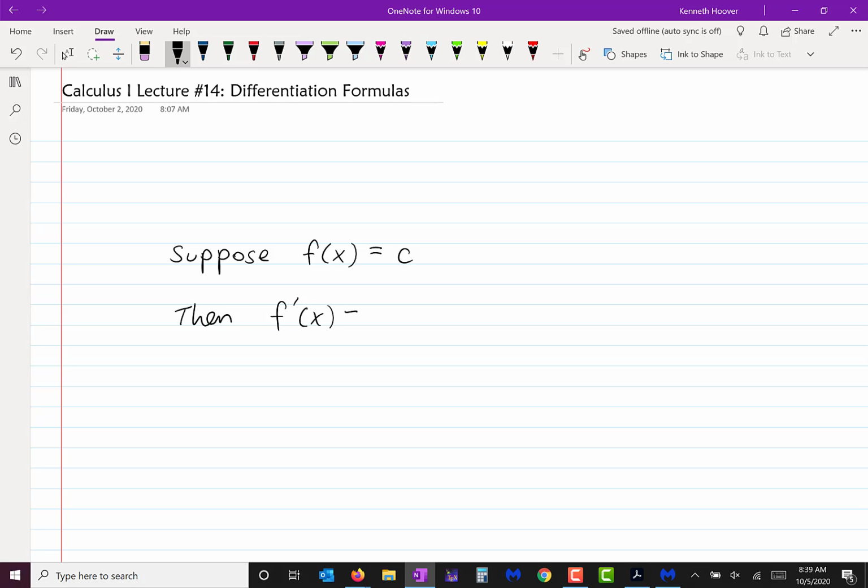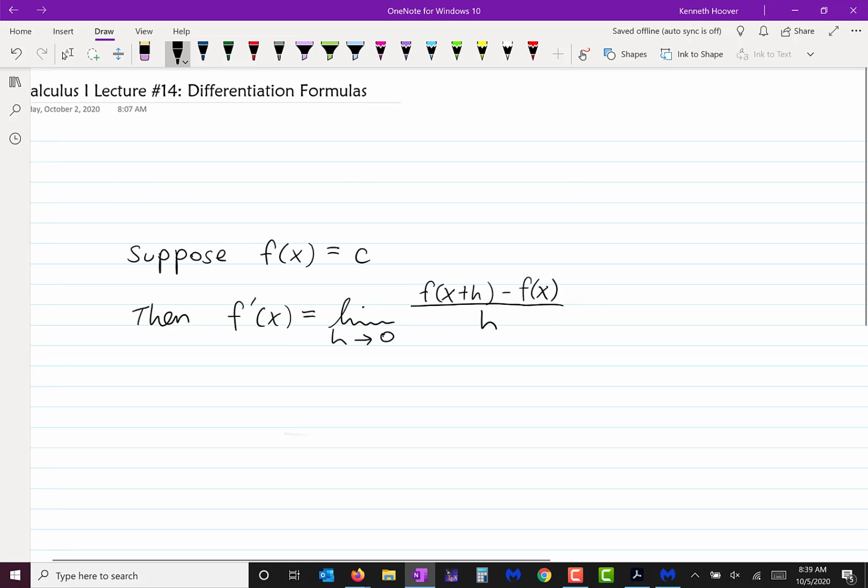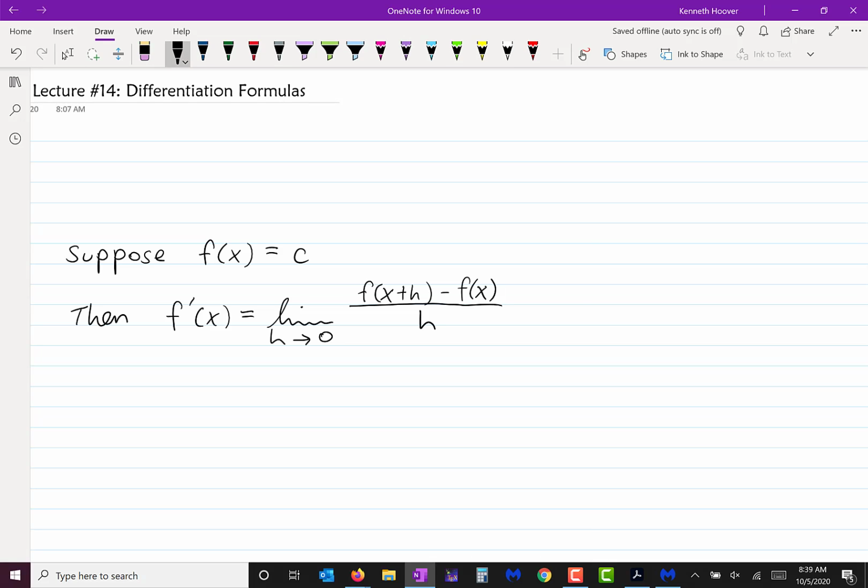F prime of x would equal the limit of f of x plus h minus f of x over h as h approaches 0. But because f of x equals a constant, c, then that means on the top we just have c minus c, which is of course 0, right?